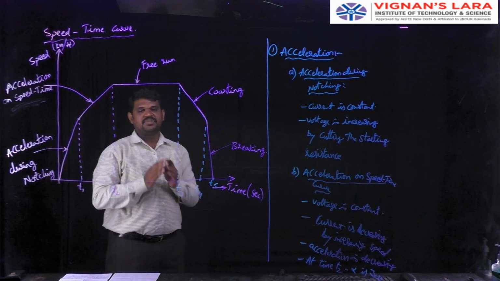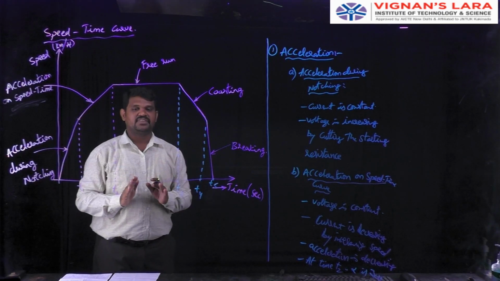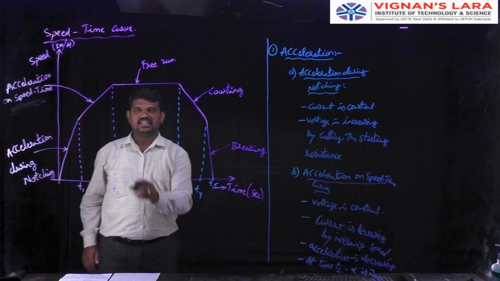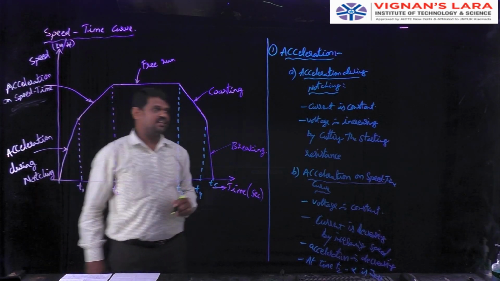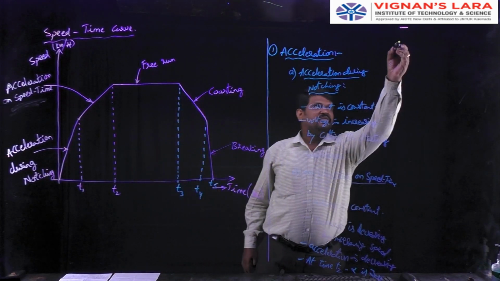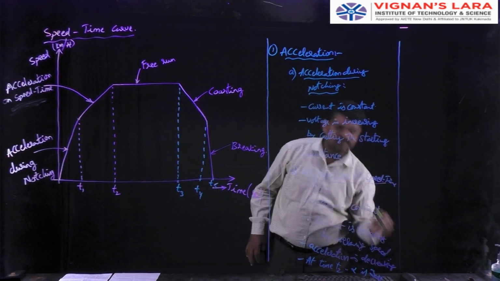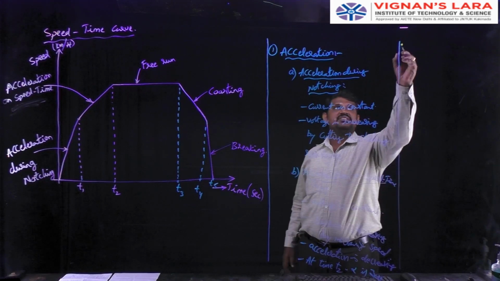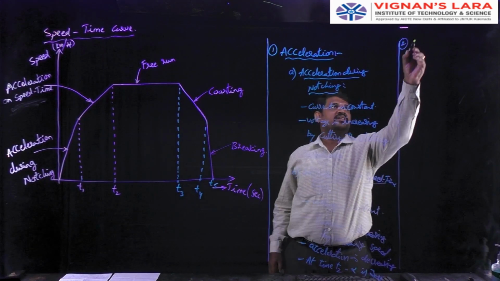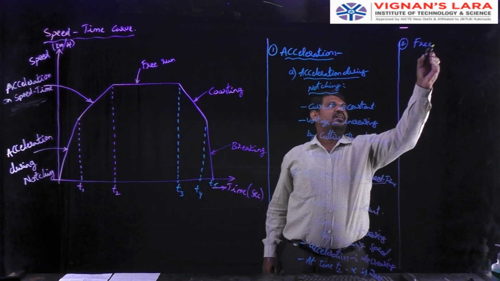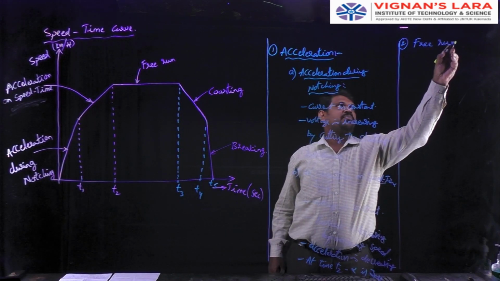It means the speed is constant at t2. The next period is called the free running period.